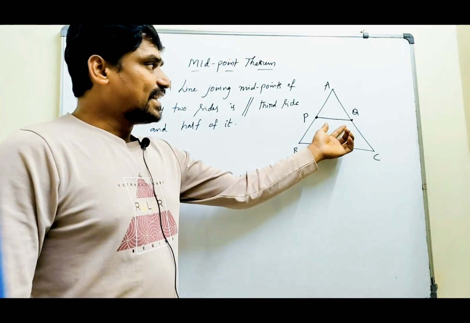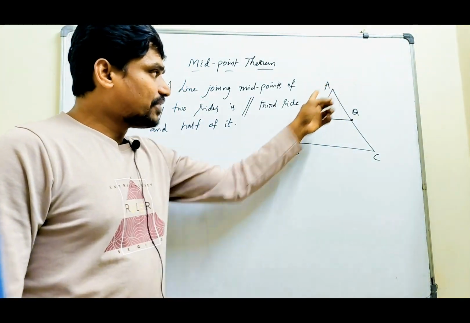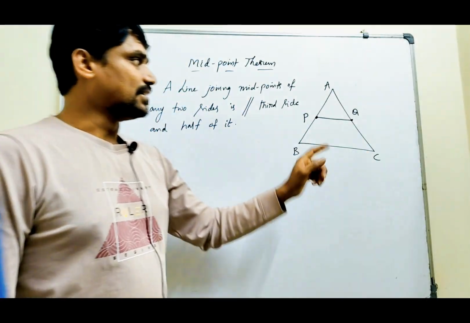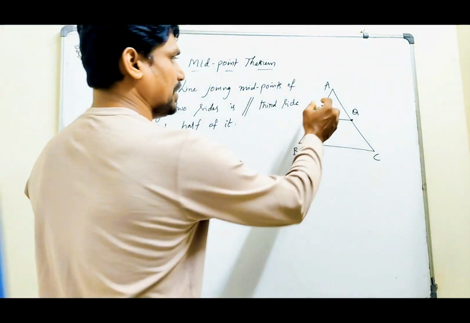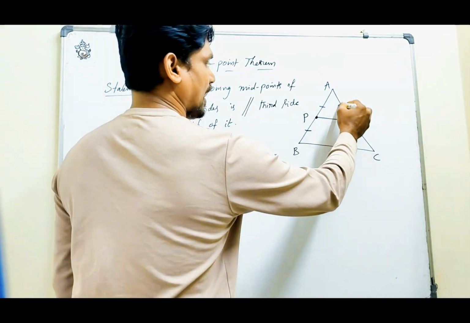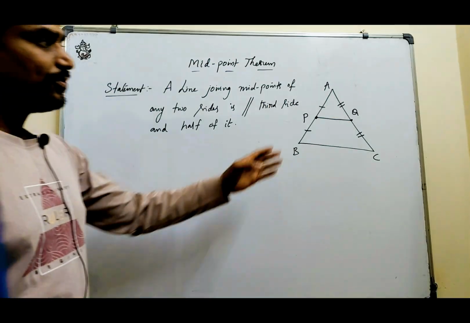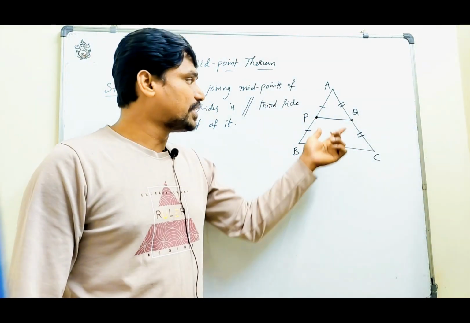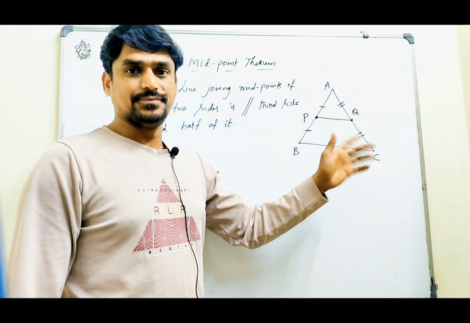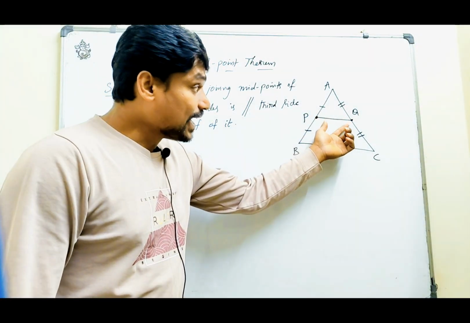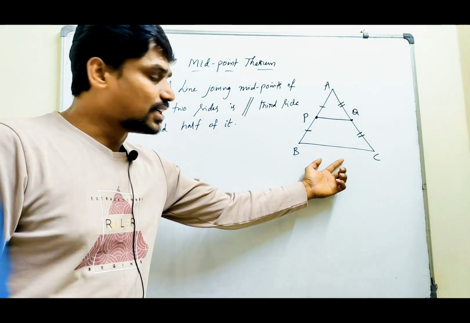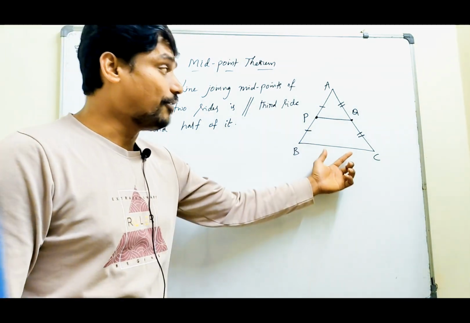P is midpoint of AB and Q is midpoint of AC. So now if you join those two midpoints, you'll get a line segment, right? That line is parallel to third side and half of it.